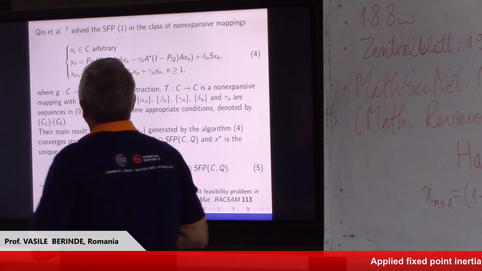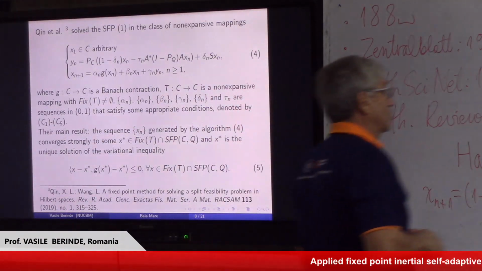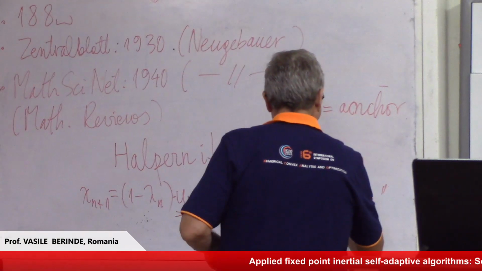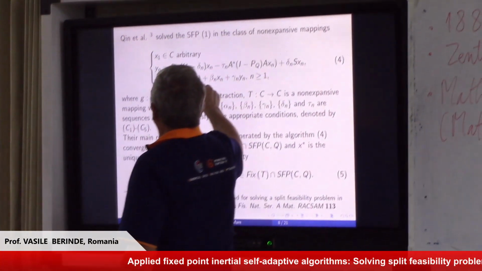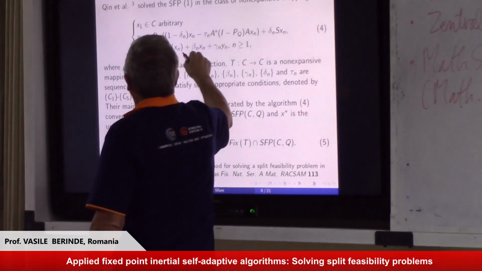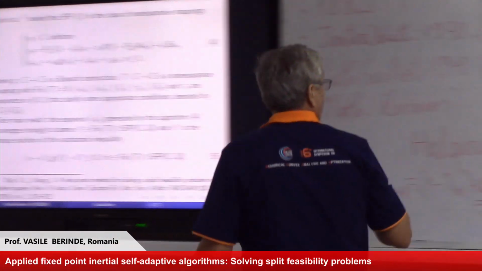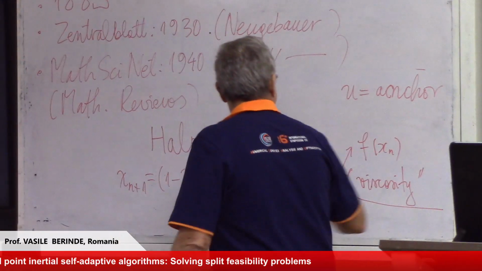Such an algorithm is called of viscosity type, and it's a Halpern type algorithm, where instead of the anchor U we have a contraction.